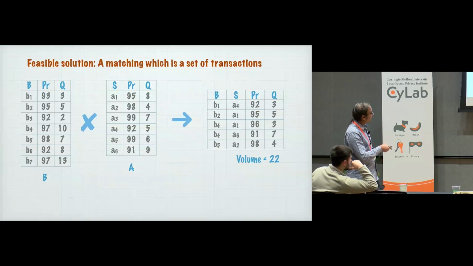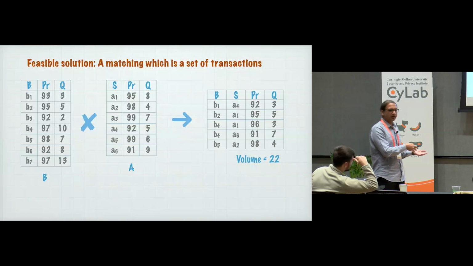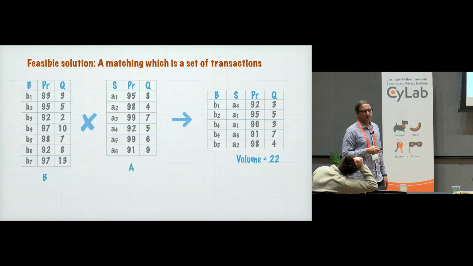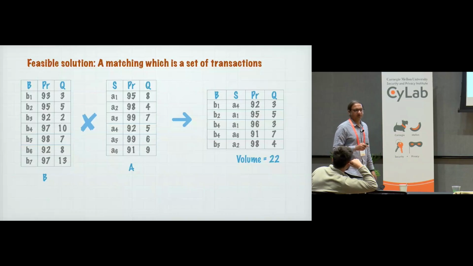So the sum of these coins, the total coins that will go from the sellers to the buyers, is called the volume of this matching. Price? No, that is just definitional. There is no deep reason for it. We'll see.